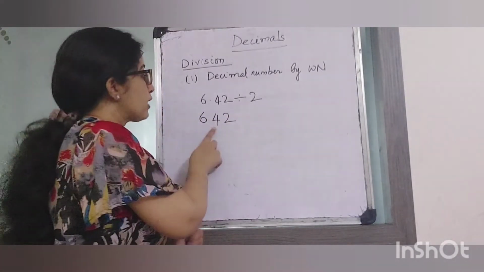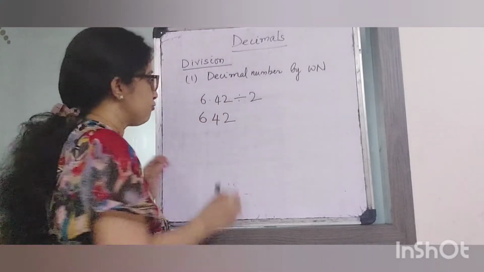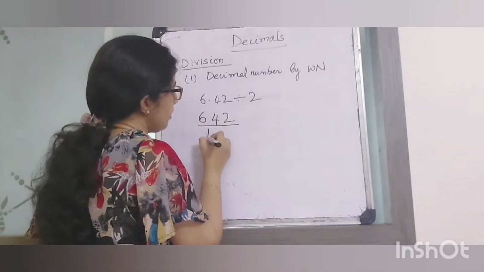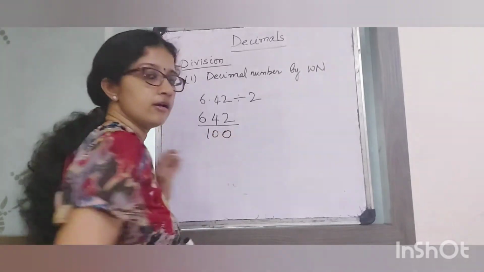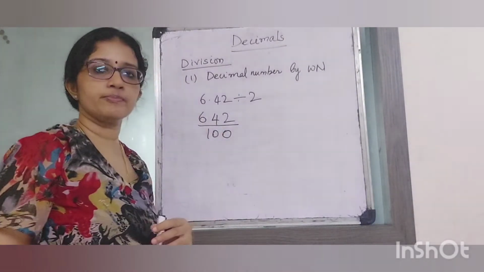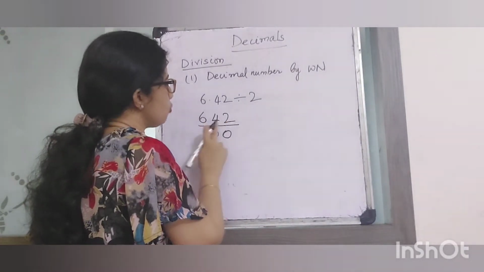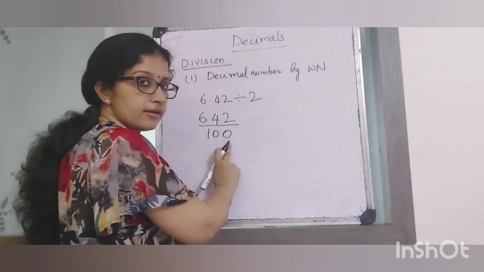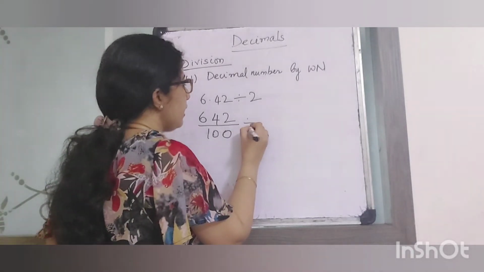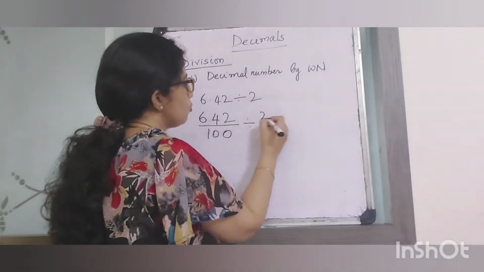Correct? Now how can we convert this 642 into 6.42? If we divide this number by 100, we can convert this into 6.42. So we have to write it as 642 divided by 100. Divided by this 2, how can you write it in terms of a fraction? 2 by 1.